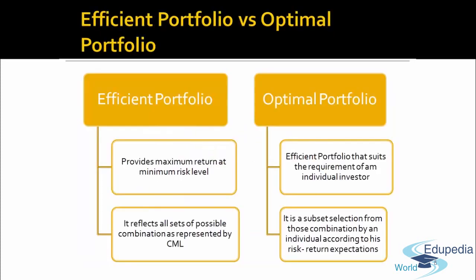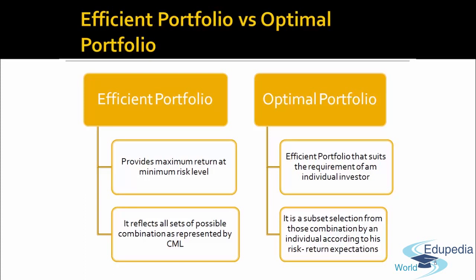So there's a difference between an efficient portfolio and an optimal one. Optimal portfolio is, you can say, a subset selection of the efficient portfolios. Efficient portfolio is the one where the investor is getting the maximum return at a minimum level of risk. And the optimal portfolio is the one which suits the requirement of an individual investor.